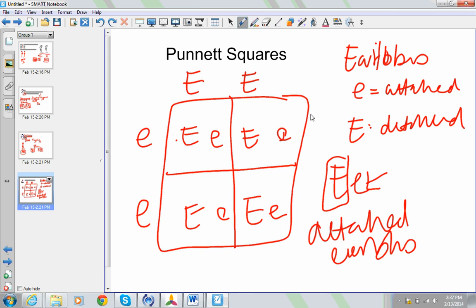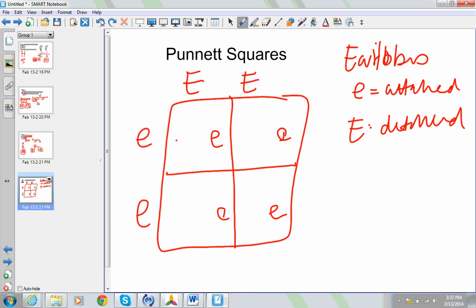Okay, let's go ahead and try another genotype here. Okay, so let's say that the parents are, one parent, the dad, is heterozygous, and the mom is homozygous dominant.